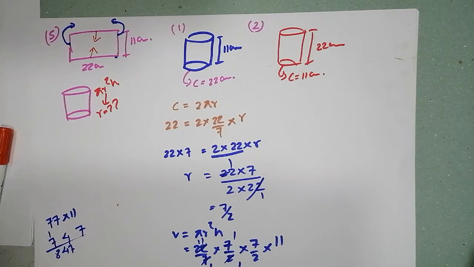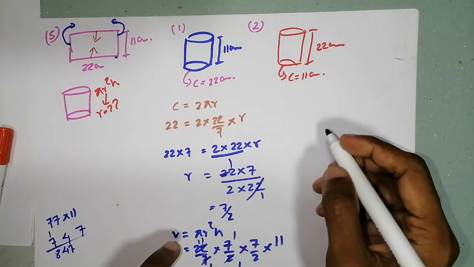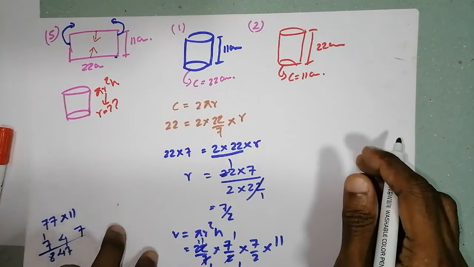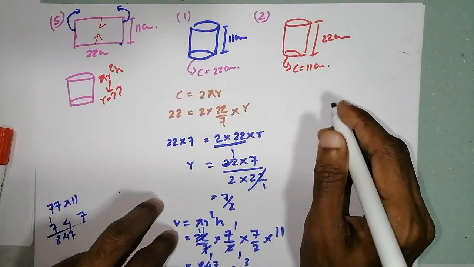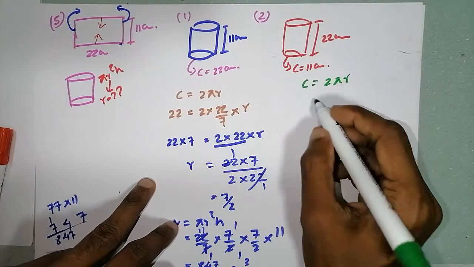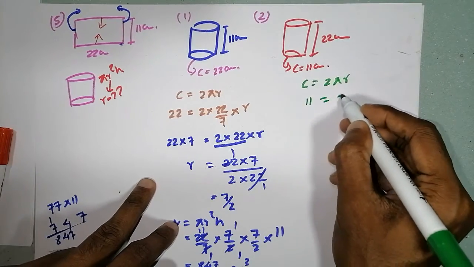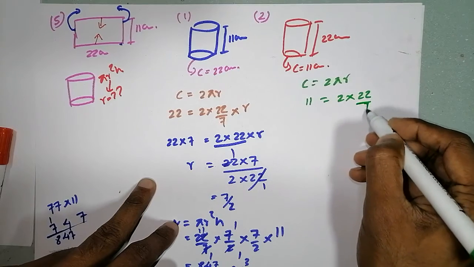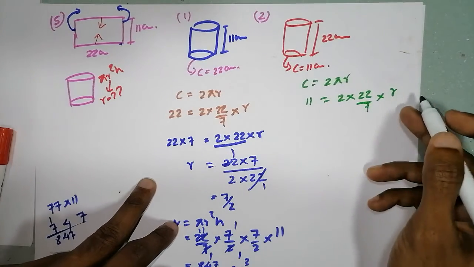Same way, same method. We are going to find the radius first, then we can find the volume. So C equals 2 pi r, and C is equal to 11. So 2 into 22 over 7 into r. We need to find r.